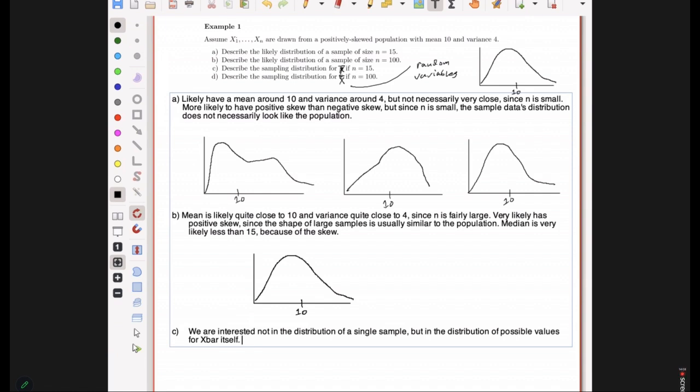So our sampling distribution is, if we take a bunch of samples from this population that all have size 15, what does the distribution of those X bars look like?